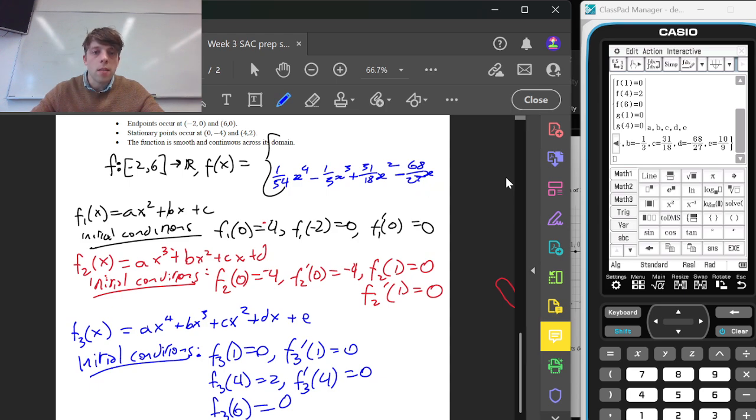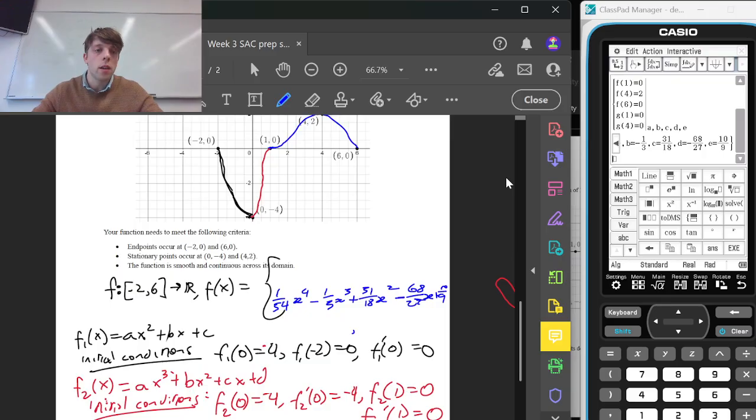And don't forget to specify the boundaries. For this particular one, that'll be defined from x is equal to 1 right up until x is equal to 6.